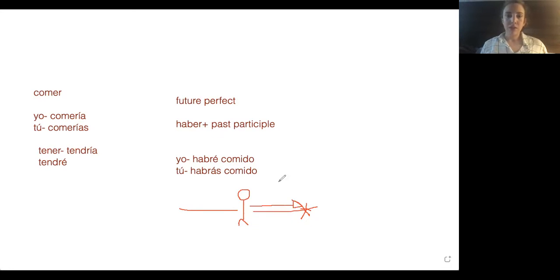It doesn't have to be a really long future, it could be a really near future, like in an hour I will have finished my homework, for example. Dentro de una hora habré terminado mi tarea.